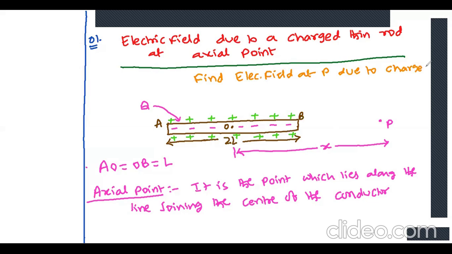As we discussed in our previous session, wherever I want to find electric field, at that point I'll keep a test charge. Always this test charge will be positive. So, there will be electric field due to B and due to A.